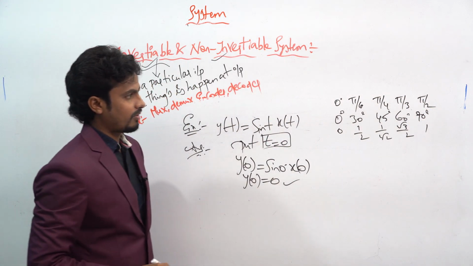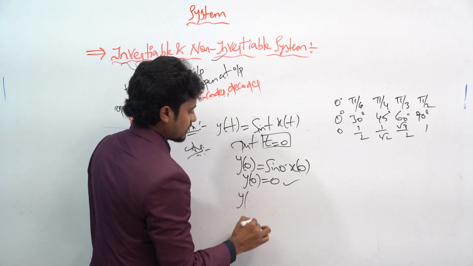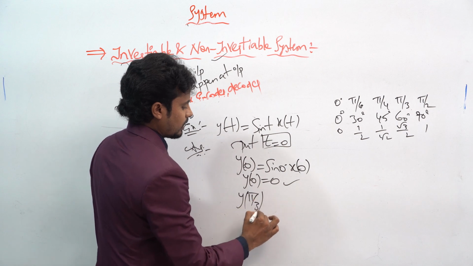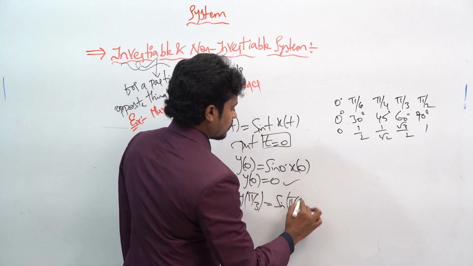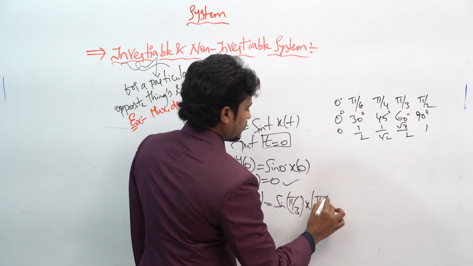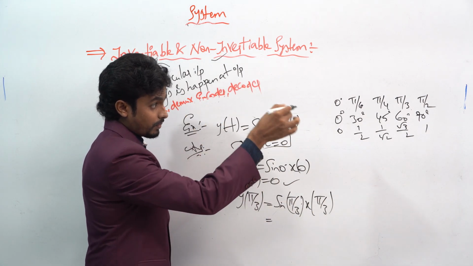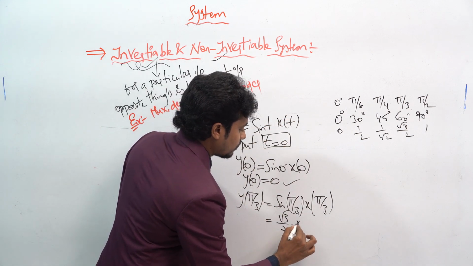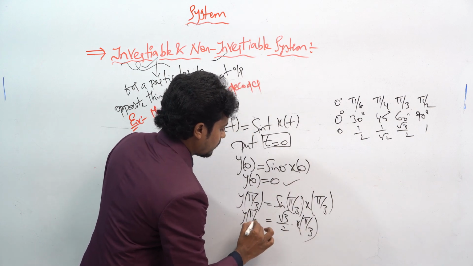For example, if I apply pi by 3, y of pi by 3 will be equal to sin pi by 3 into x of pi by 3. That will be root 3 by 2 into x of pi by 3. This is y of pi by 3.